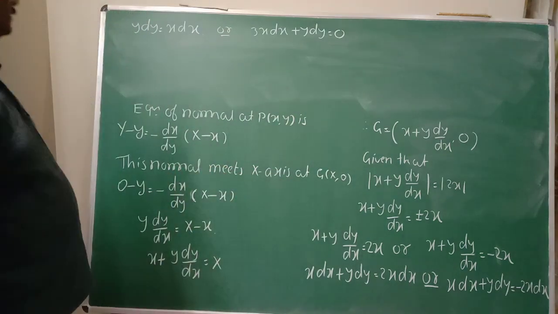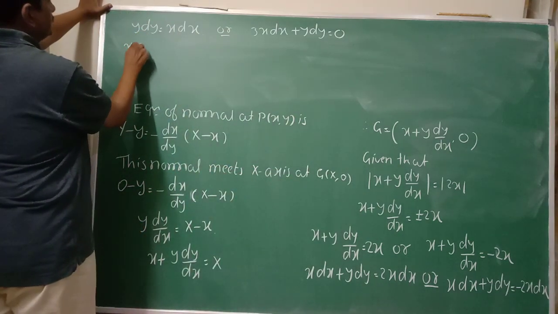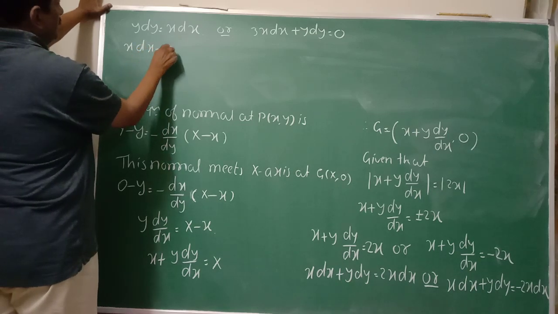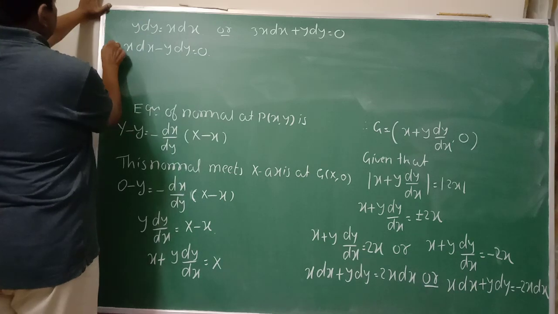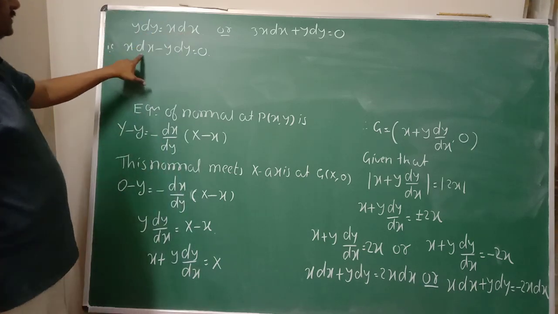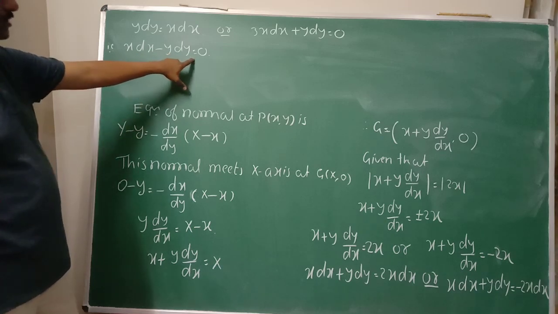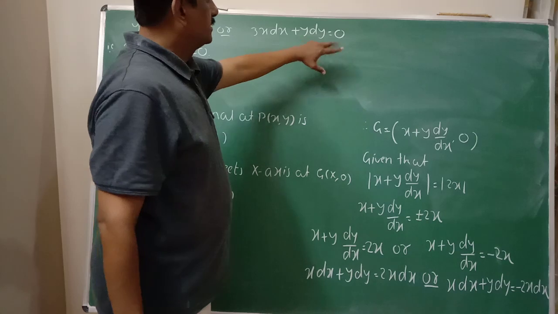If you take y dy right side here, it gives x dx minus y dy is equal to 0, or 3x dx plus y dy is equal to 0.